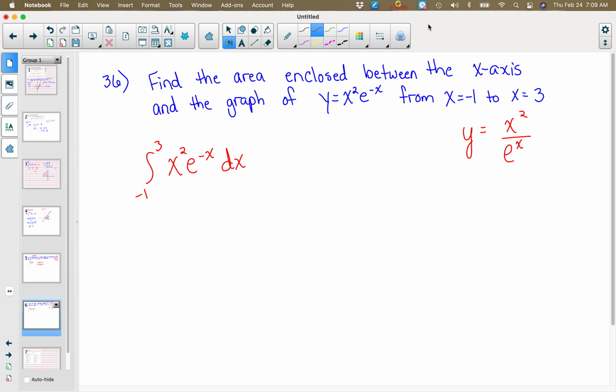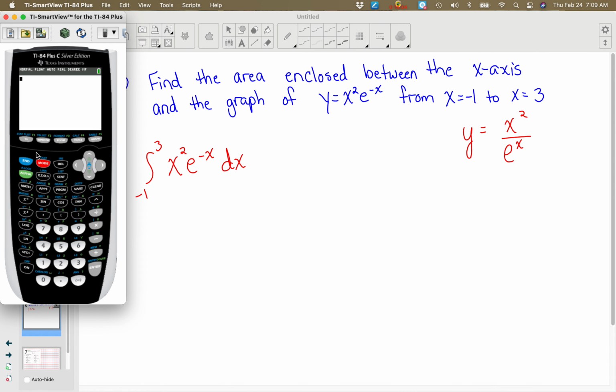So on your calculator, if we go alpha, F2, fnInt is number 4, and we have from -1 to 3, x squared, e to the negative x.